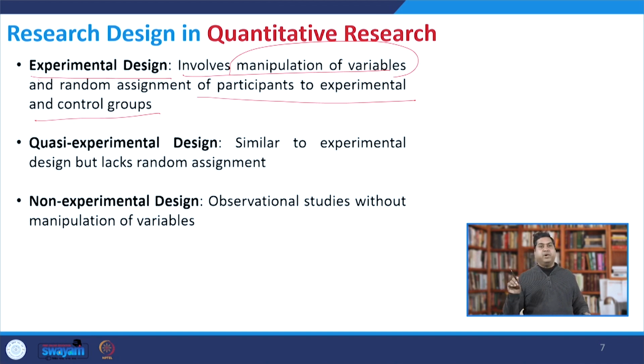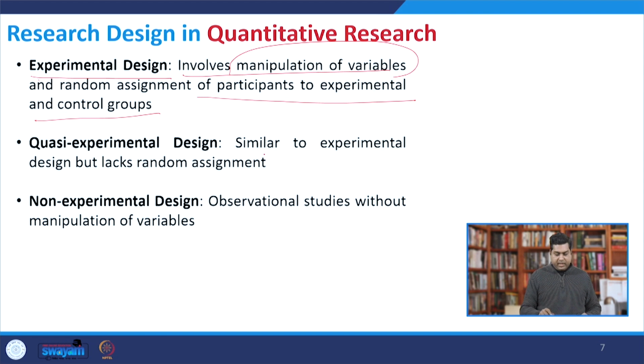Now say for example you want to increase the humidity, or you want to decrease the temperature. In all such cases you are tuning the environment and trying to observe the variation perceived by the subject or the respondent. That is why it is called manipulation of variables, changing different levels and all.